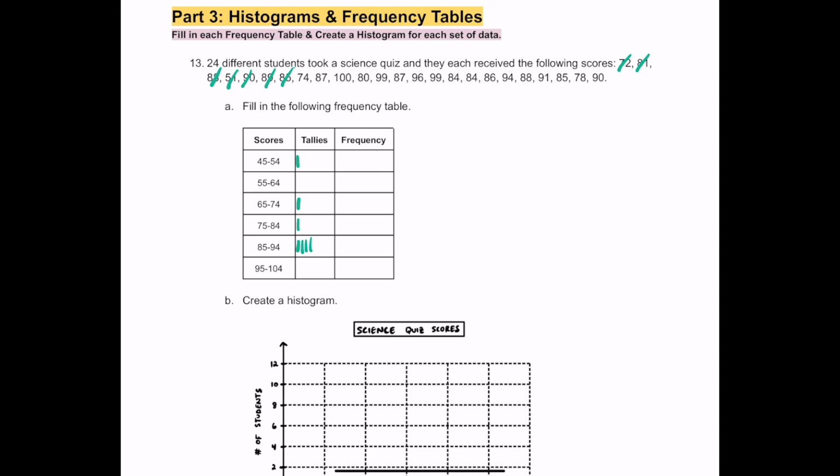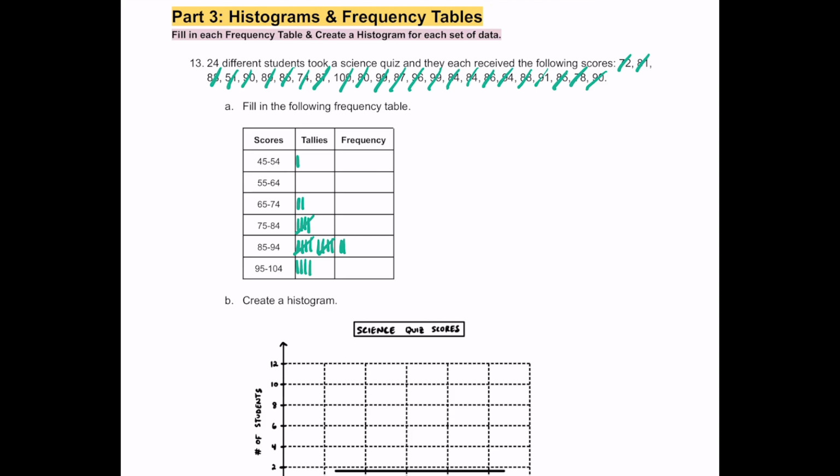Yeah, I think it's this one. 74 is here. 87, 100, 80, 99, 87, 96, 99, 84, another 84, 86, 94, 88, 91, 85, 78, and 90.